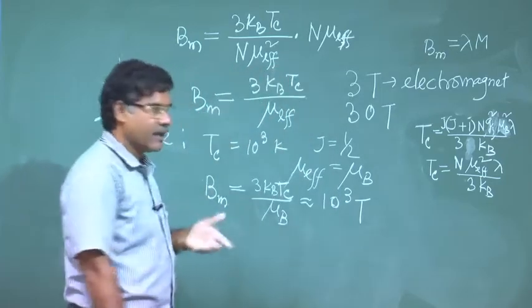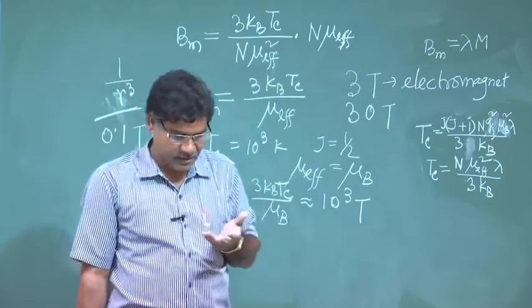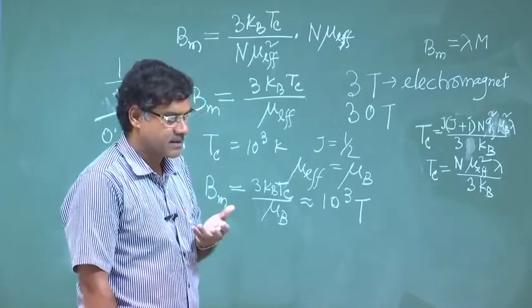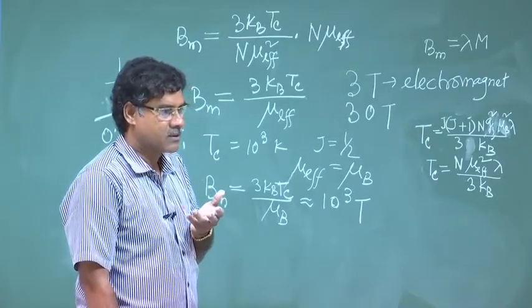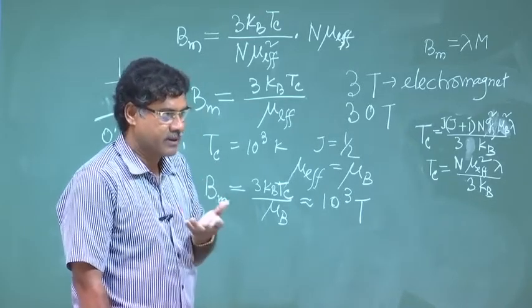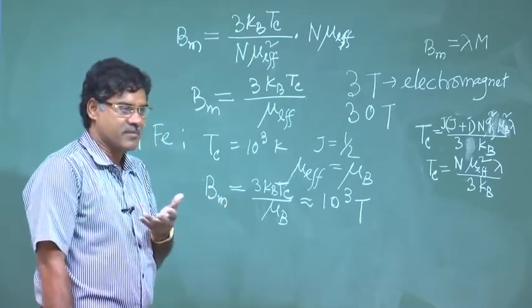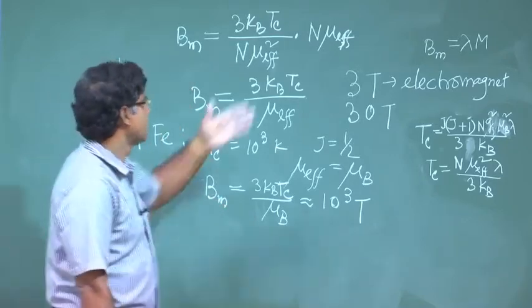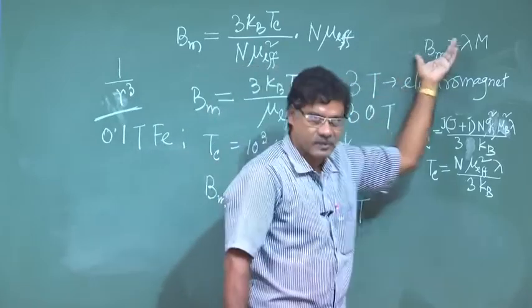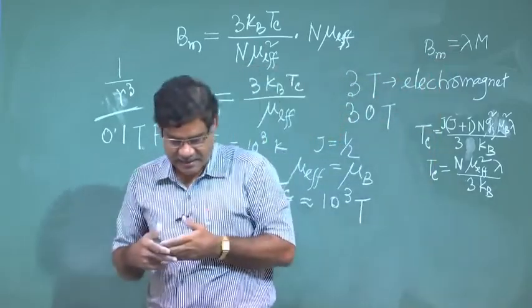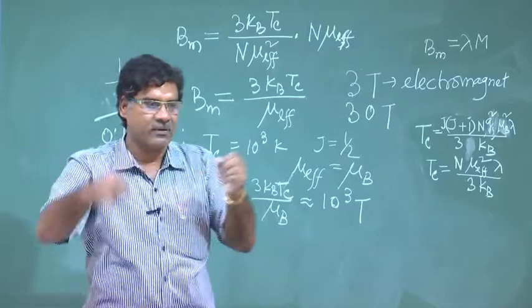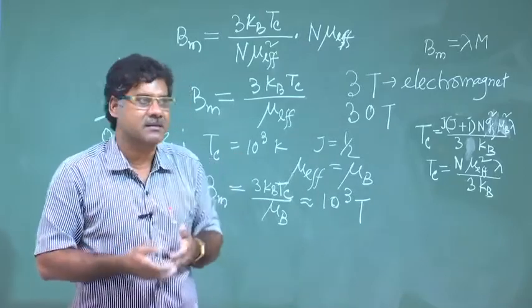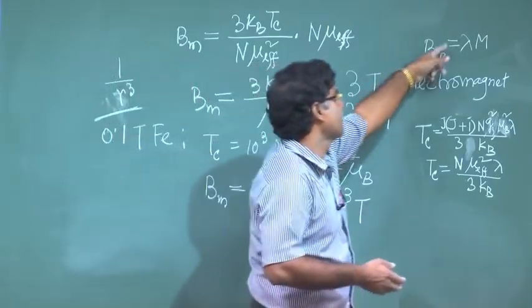So, the Weiss field we consider as the molecular field, and we apply what is called the mean field theory, the mean field approximation. This Bm we have taken as a mean field approximation, meaning all the dipoles experience the same field.